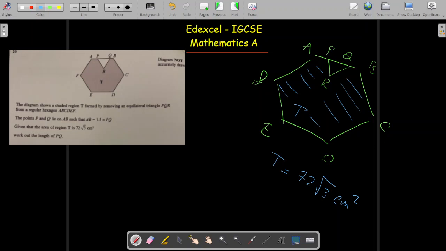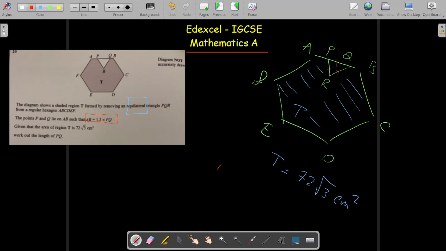And pay attention to this other fact. It's saying that this triangle is equilateral. What is the meaning of equilateral? It means that the sides of this triangle are equal. It means that it has 3 equal sides. PQ is equal to QR equal to RP. Another thing it says is that the points P and Q lie on AB, so we have some sort of a ratio here.